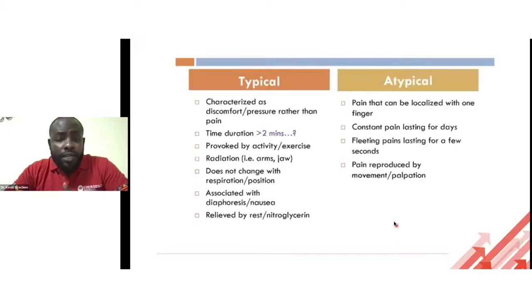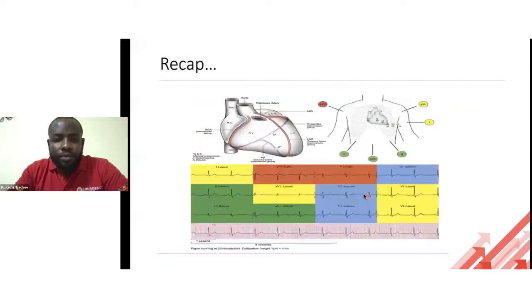You can also have right-sided chest pain. You can also have people coming in with just pain in the jaw. So what I'm trying to get at is that sometimes the way these patients present is atypical, or it won't really match up to what you are expecting. So you need to have that high index of suspicion.